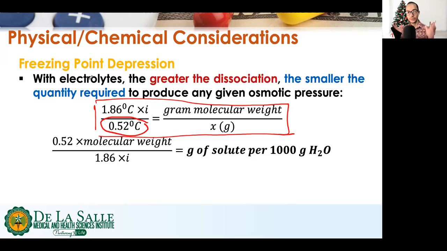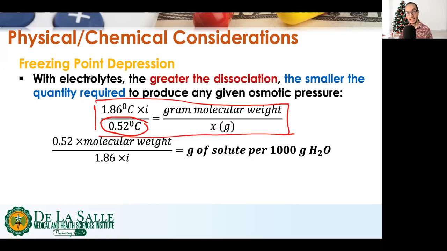What I am saying here is that the colligative properties will not differentiate between the nature of the solute, either electrolyte or non-electrolyte. They will not differentiate the particles as to their chemical property.